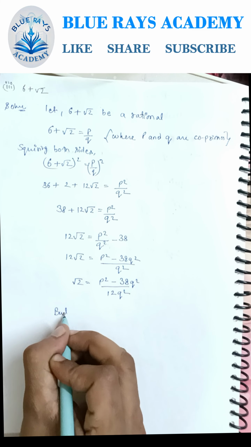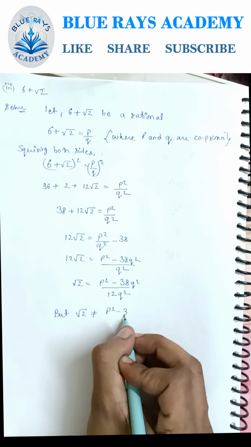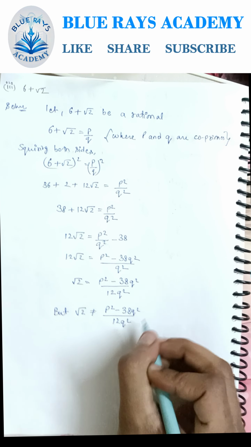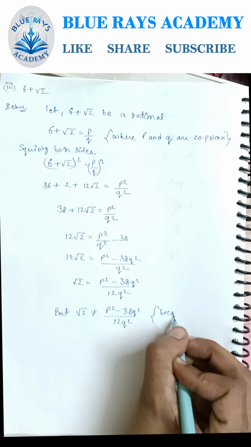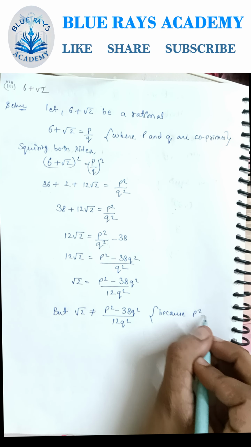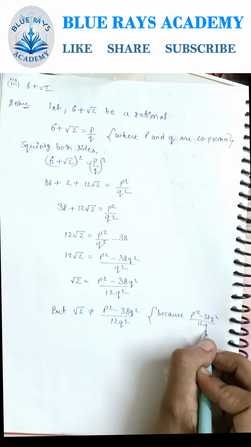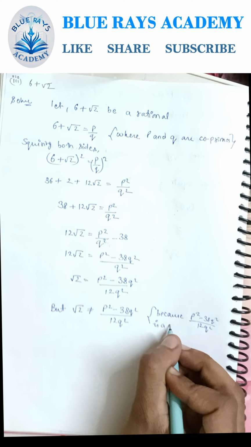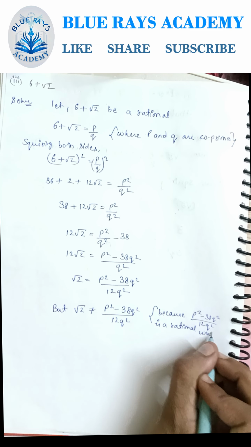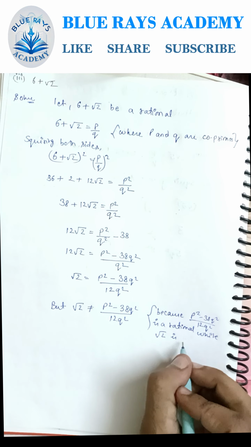But root 2 cannot be equal to p square minus 38q square upon 12q square because p square minus 38q square upon 12q square is rational while root 2 is irrational.